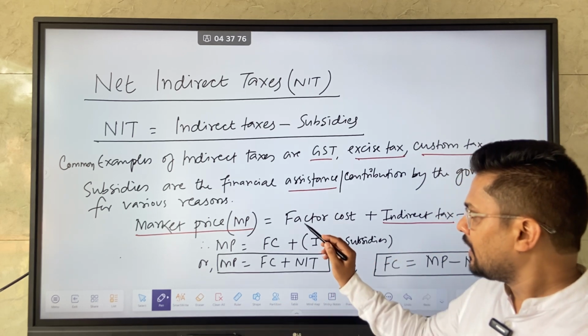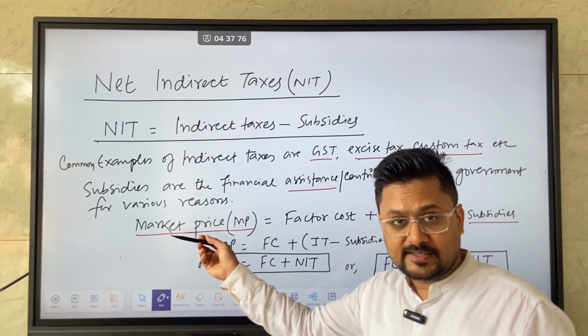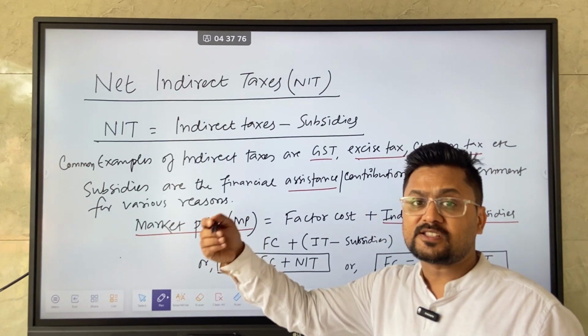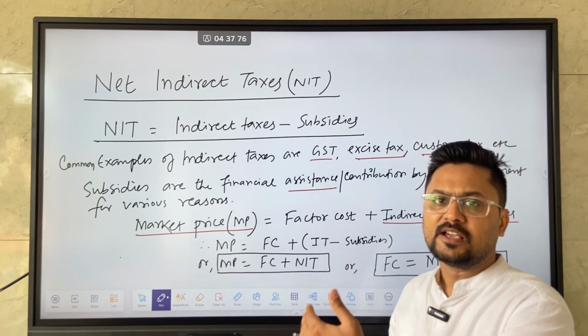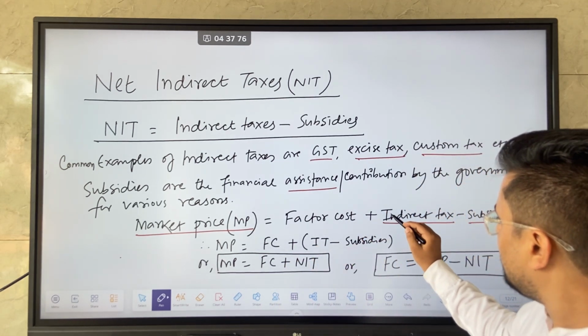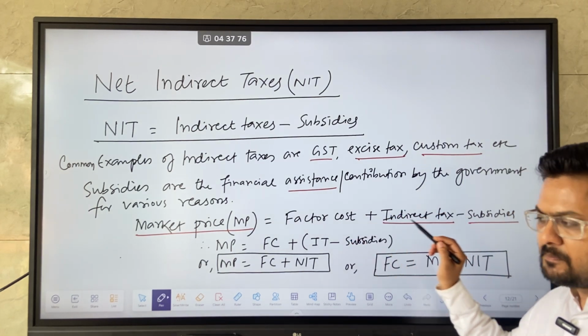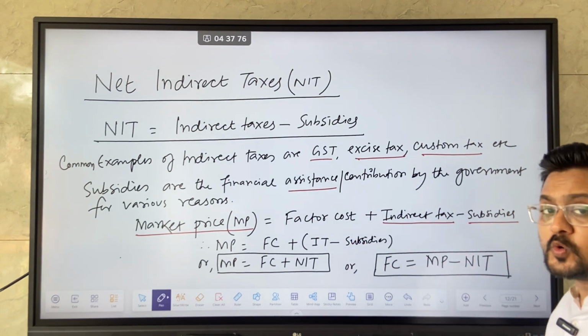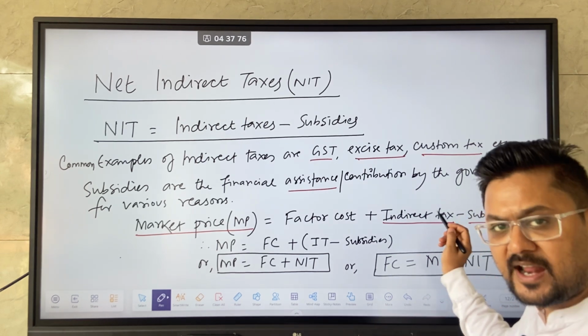But when we find the market price, that is the price at which the good is actually sold in the market, or the price at which the consumer purchases from the market, we see that the government imposes tax, that is, indirect tax is added to this. But because the government also provides subsidies, this subsidy value gets subtracted.